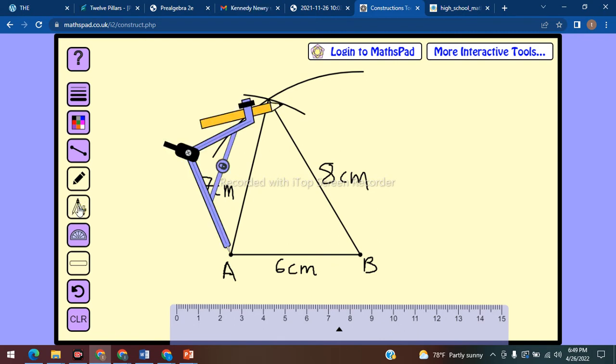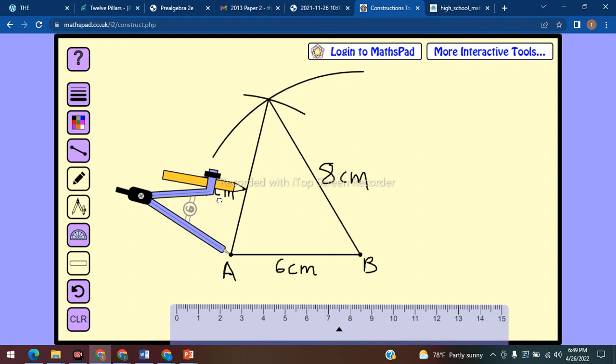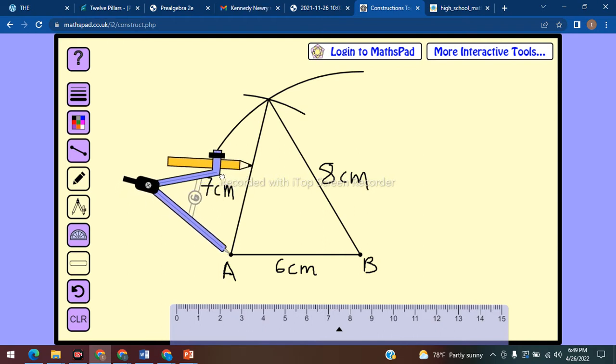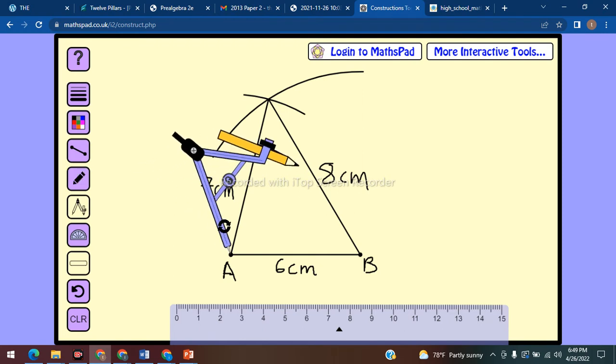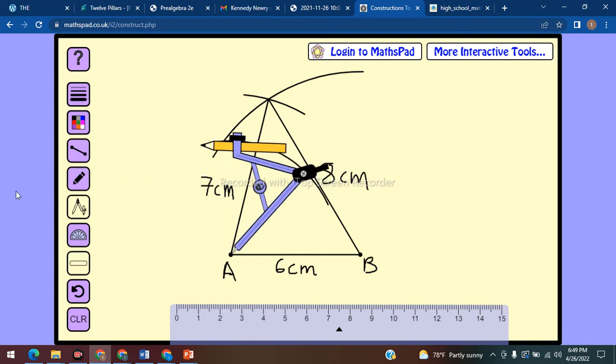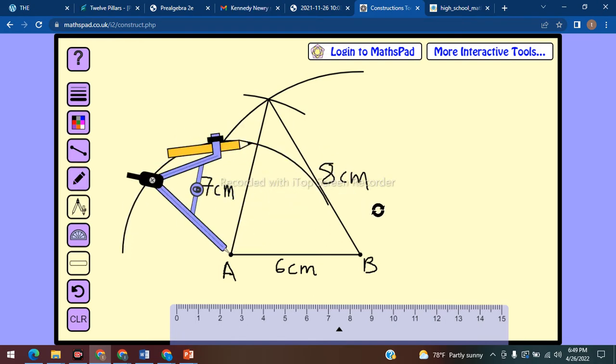In order to bisect this, you gotta pay attention for this one. For bisecting, we don't go to half, we go to more than half, 75%. Remember, we go to more than half of the thing. Then we draw an arc.